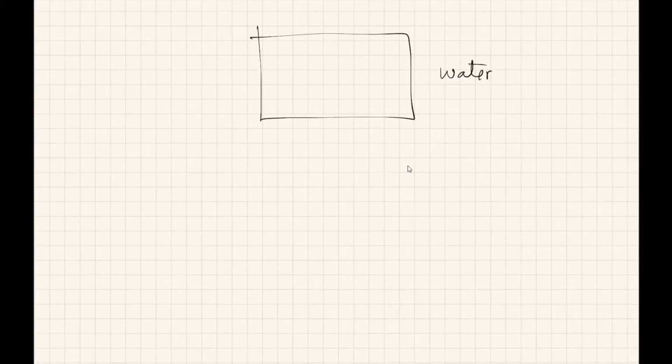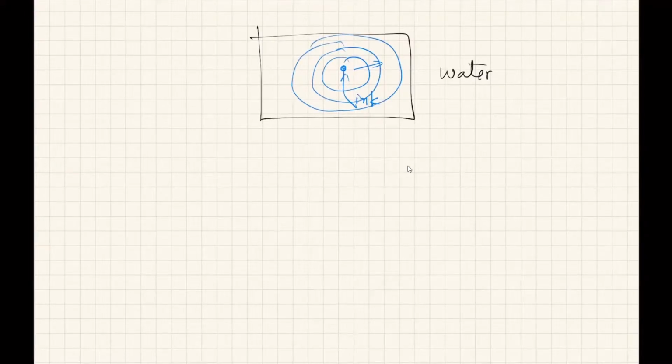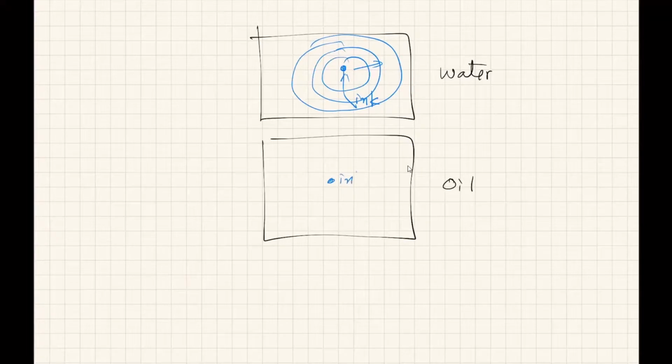Let's assume that this is water. If you put ink on it, it will spread all over the water in a minute. However, if this is oil and you put water-type ink there, it will not spread, it will just stay there.